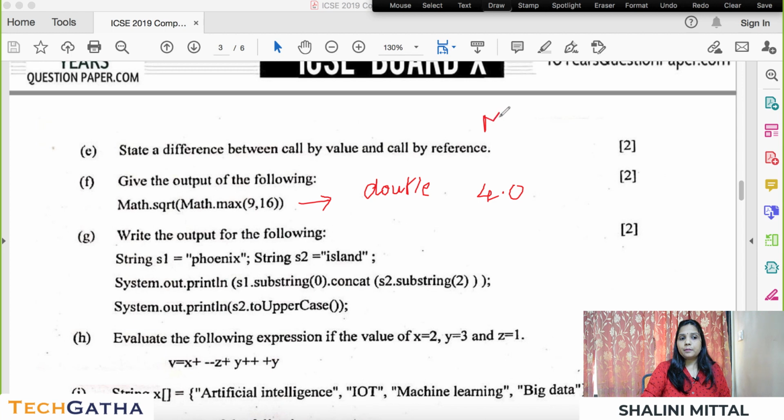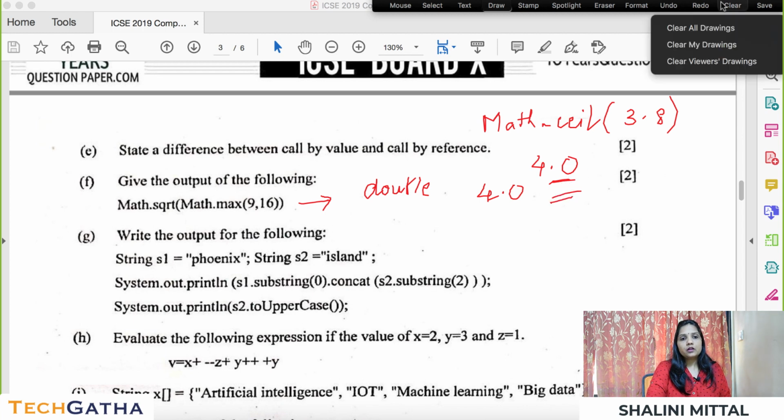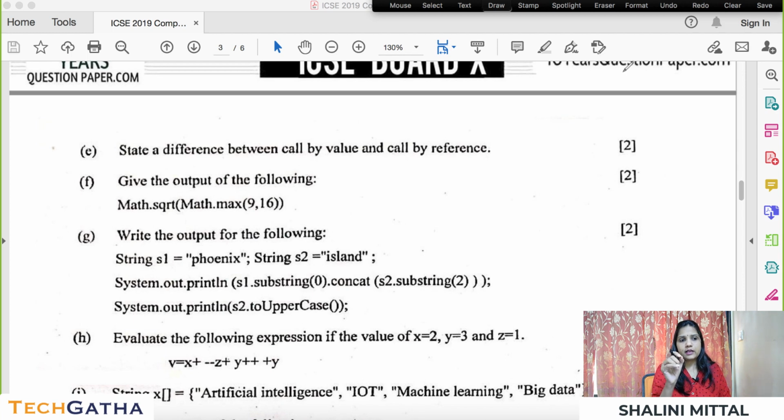Say for example you get a question Math.ceil of 3.8. Please write 4.0. Do not miss this .0. It is very, very important. You may lose half marks. So, can you see, small things, but then you end up losing half marks everywhere.